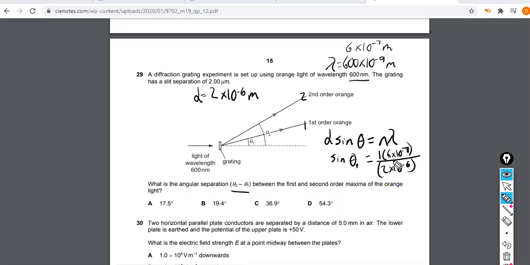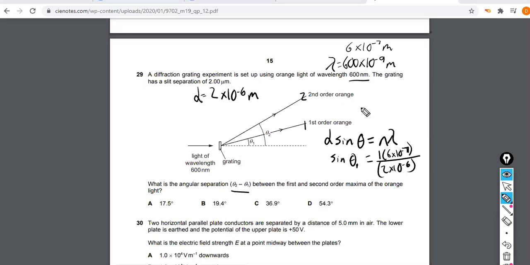Is that good mental math, class? Or I get a calculator. Six by 10 to the negative 7 divided by 2 by 10 to the negative 6. Yeah, 3 by 10 to the negative 1. That's right.